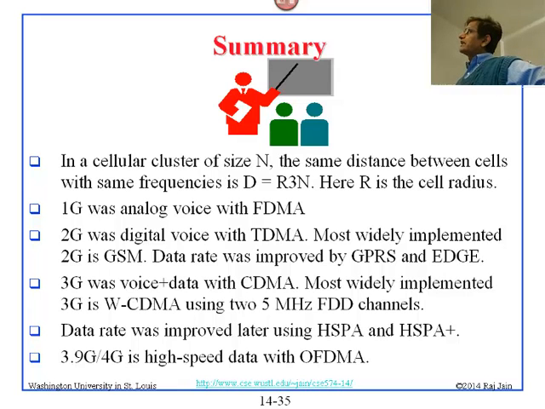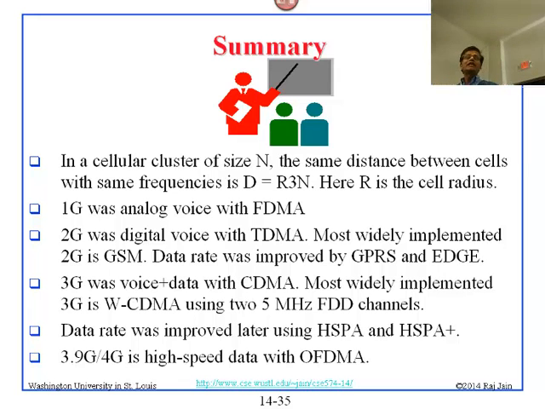Then 1G was analog voice with FDMA. If nothing else, this is one thing you know about 1G, that it is analog, and that it was FDMA. 2G was digital voice with TDMA. Now here is another thing that is known, that when we say TDMA, we don't mean that there is no FDMA. FDMA is already there.